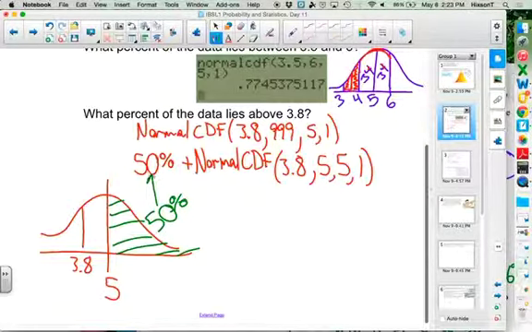So, if I do this, that'll give me just that area to add to the 50%. Okay? Either way, with our rounding, it's not going to make a difference.